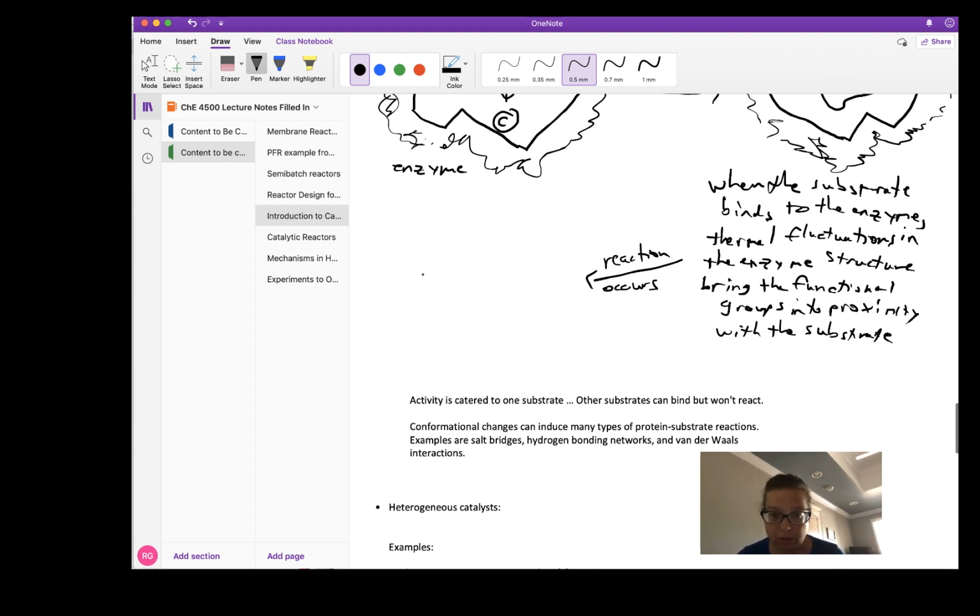The structure, so the enzyme structure, opens back up and releases the product molecule.